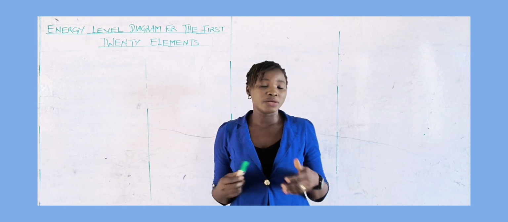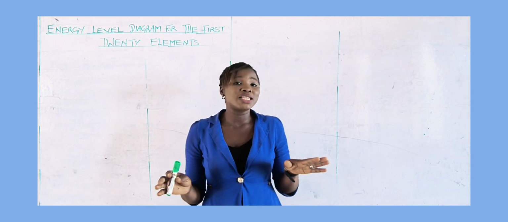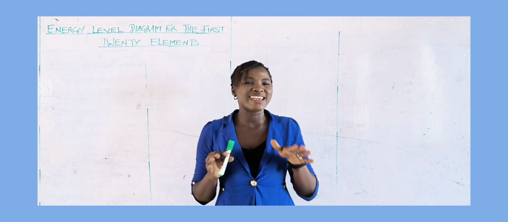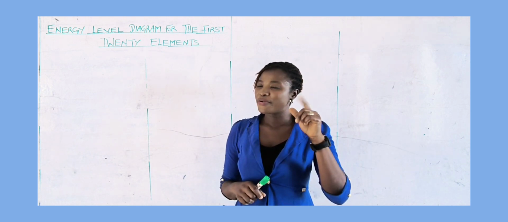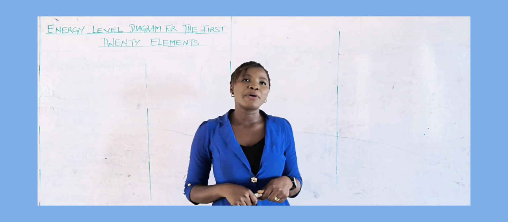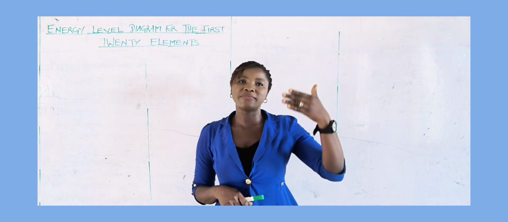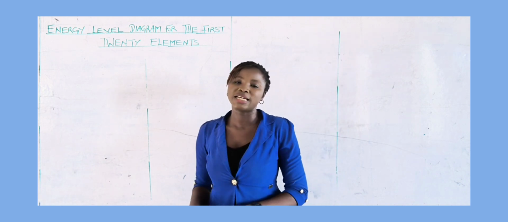I know with the little time we've been spending together, chemistry has been easy. And today we're also going to learn the simplest thing in chemistry. Previously, we looked at the first 20 elements, from hydrogen, number 1, to calcium, the 20th element.